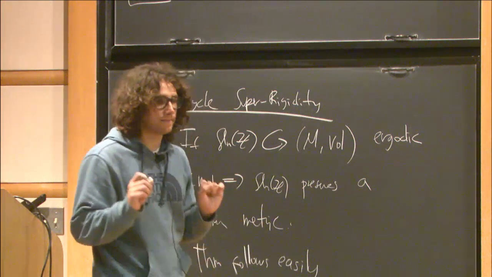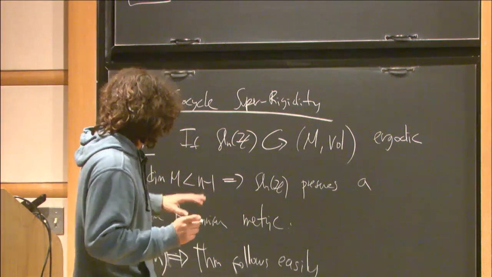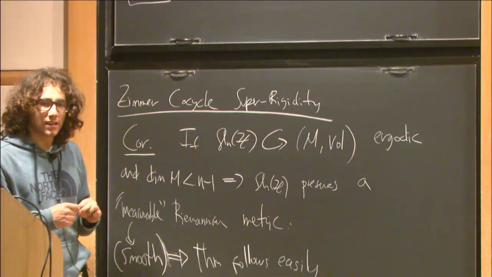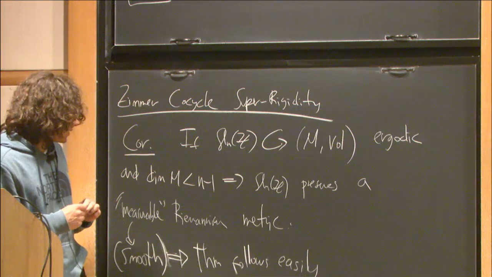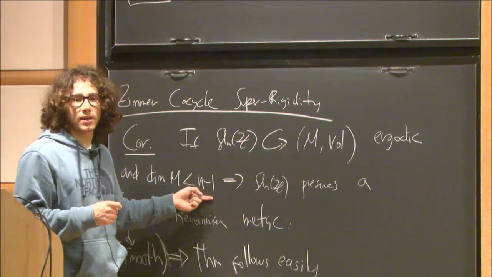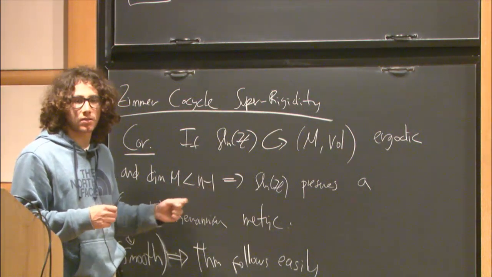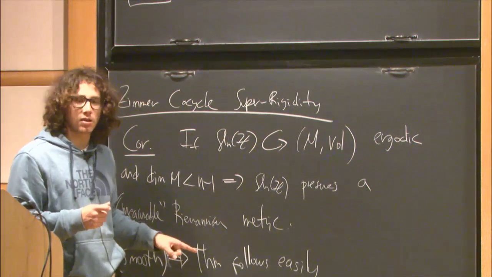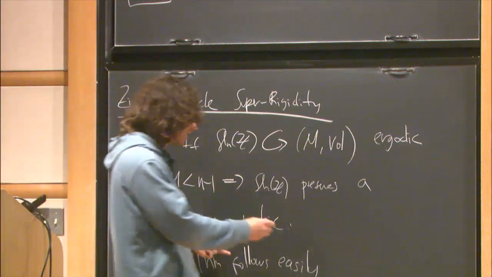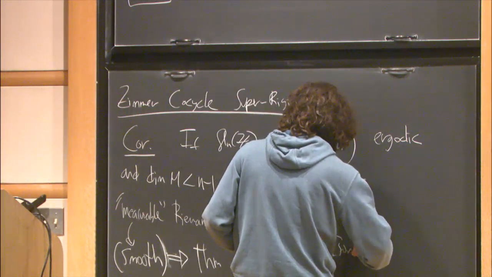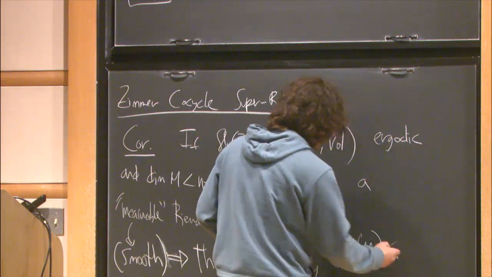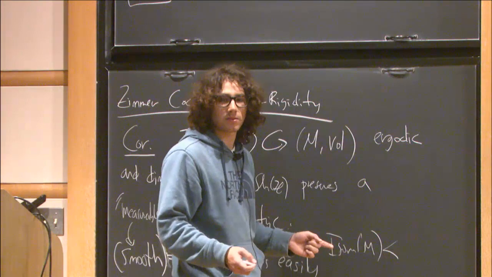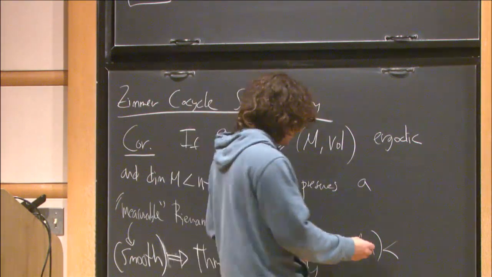Is there some dimension bound, n minus 1? Yes, in the context of the argument, if you have a smooth metric, it's exactly that the isometry group of a manifold of this dimension is bounded by, I think, n times n minus 1 over 2, or n minus 1 times n minus 2 over 2 here.